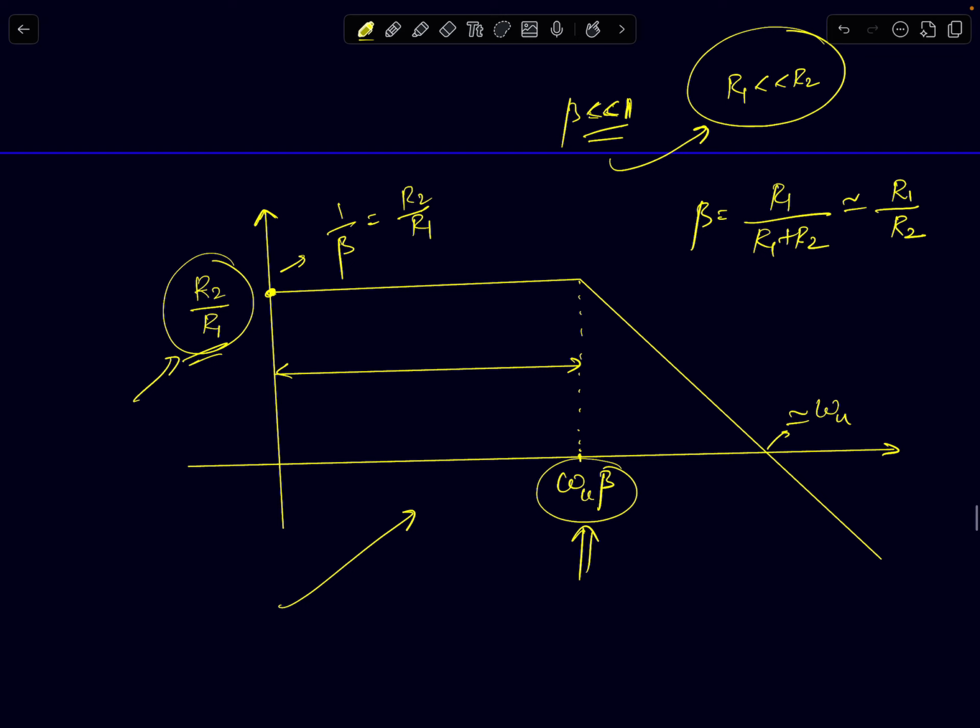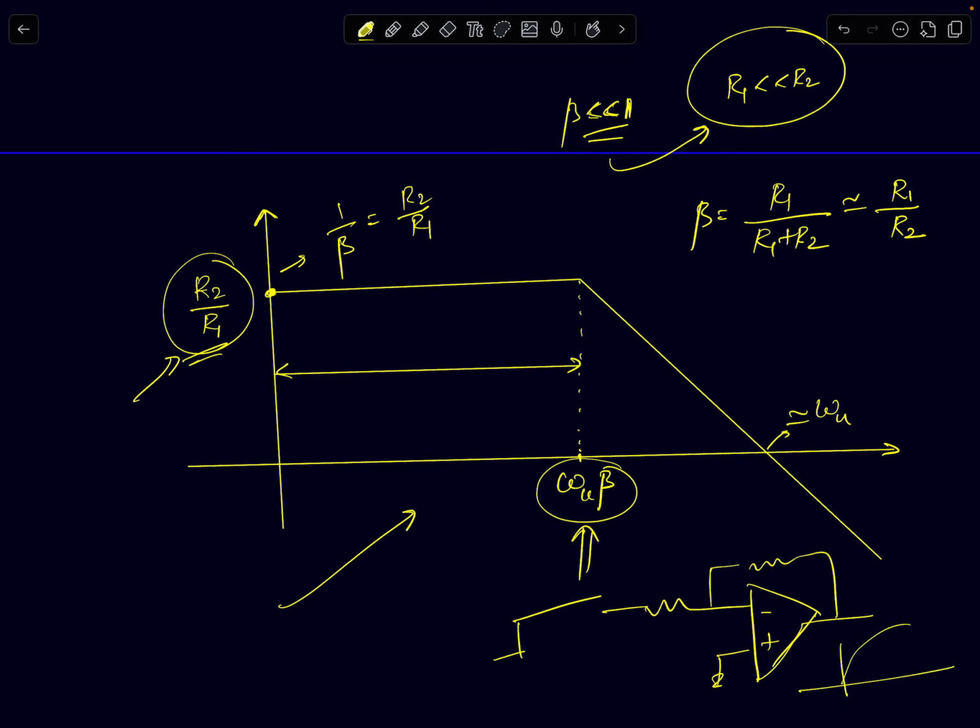The same conditions hold true in the time domain. Let's say I'm going to use this amplifier in the time domain, and I apply a sudden step input. The output is going to rise with a time constant given by 1 over omega u times beta. So again, all the rules apply.